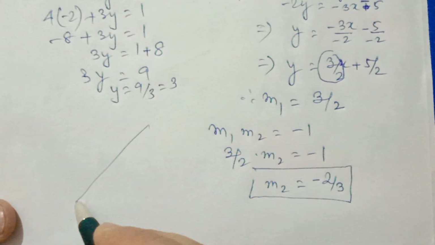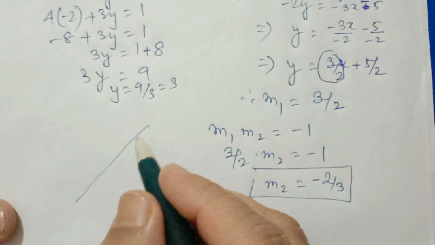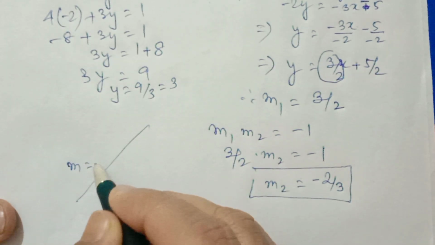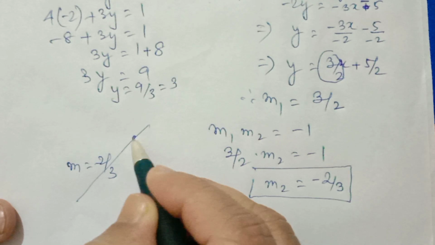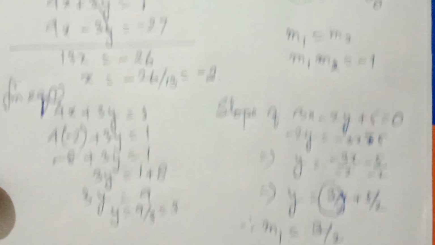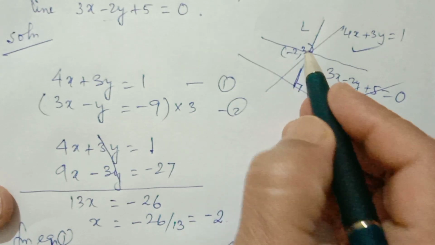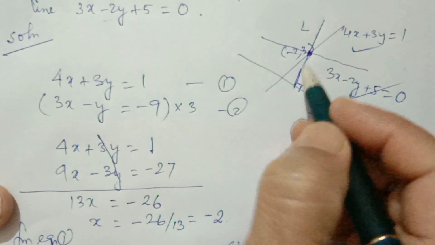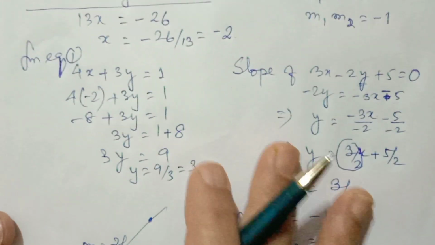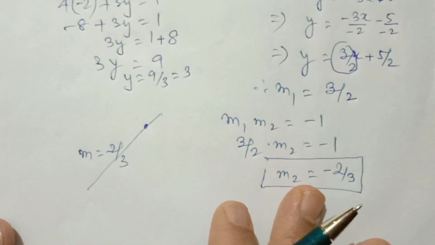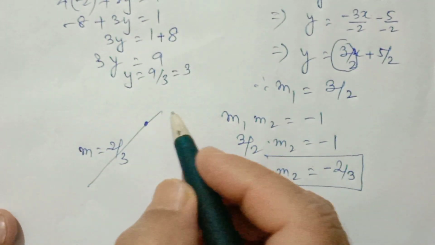This line has slope m equal to -2/3 and passes through the point (-2, 3). Now we have sufficient information to get the equation.